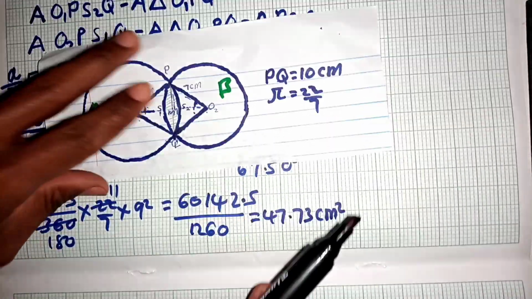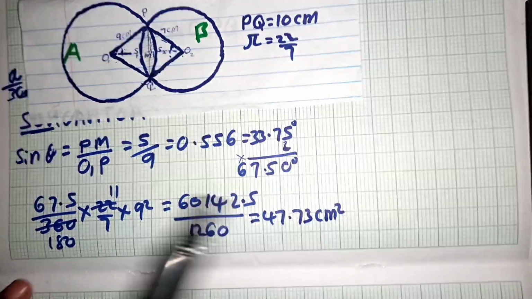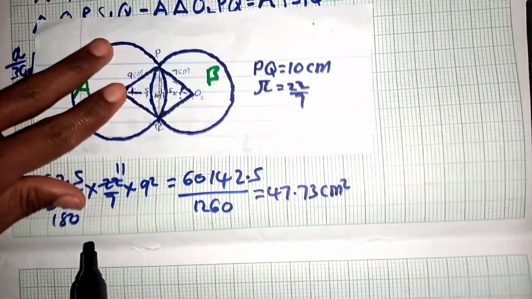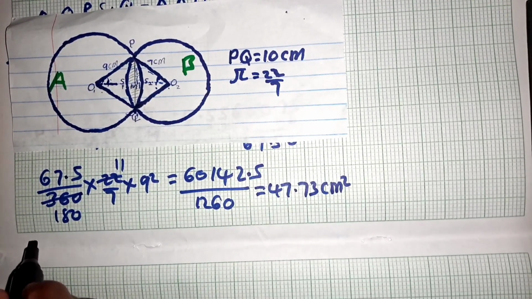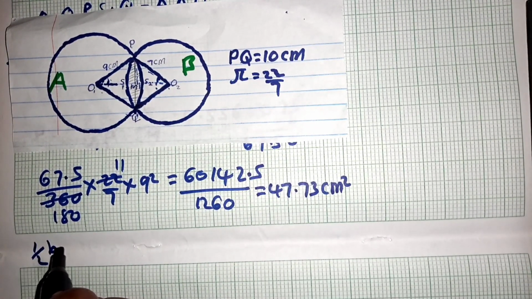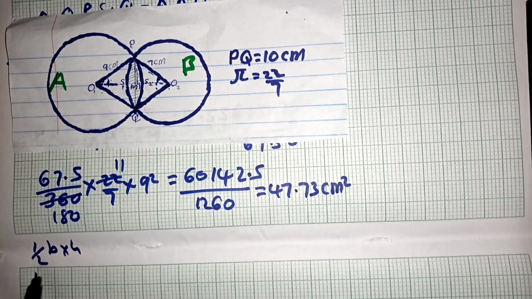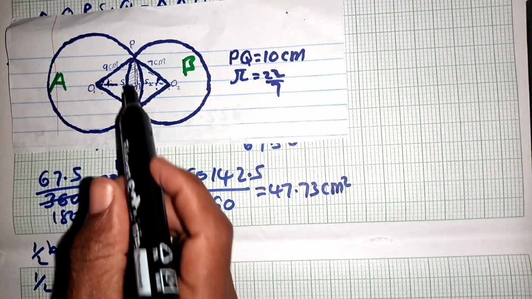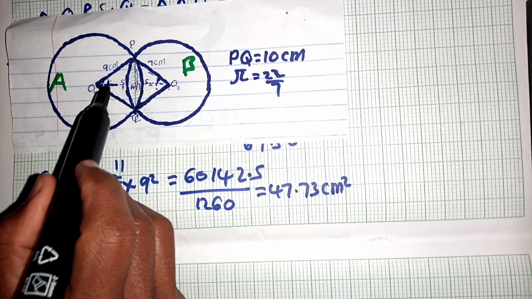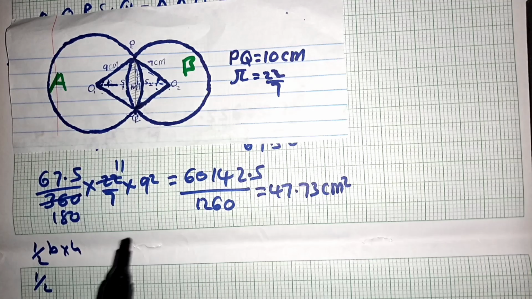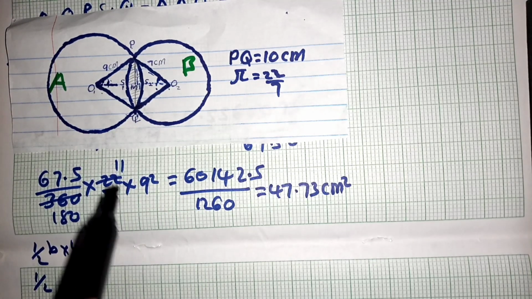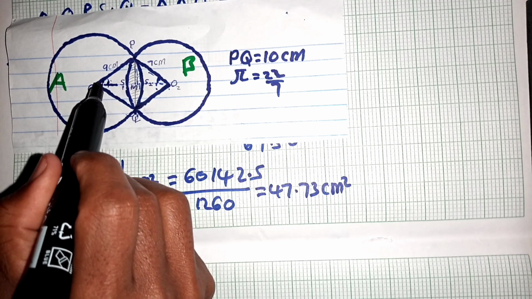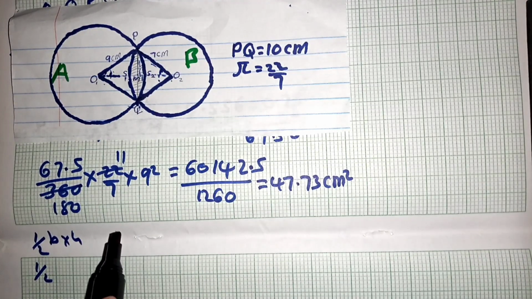Let us now find the area of the triangle. What is the formula? The formula is always a half base times height. Do we have the base? Yes, the base is 10. Do we have the height from here to here? No. Let us now find the height using the Pythagoras theorem.